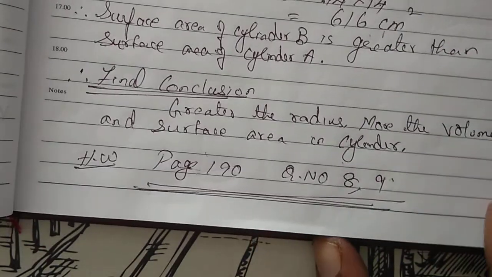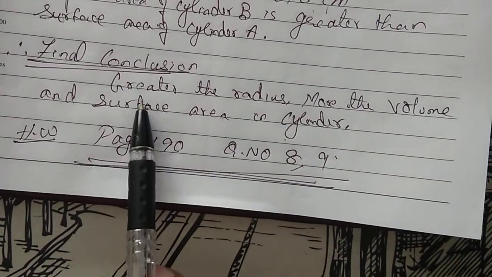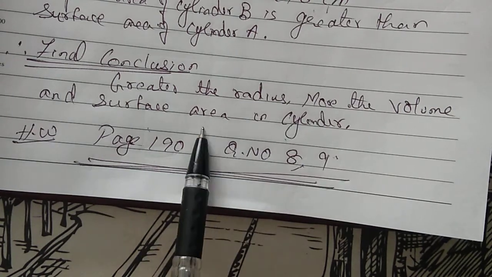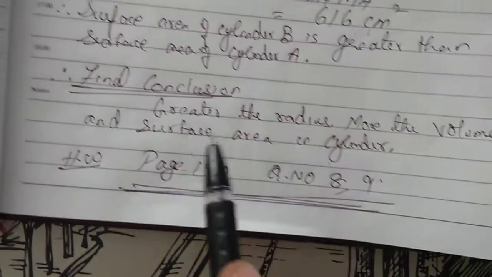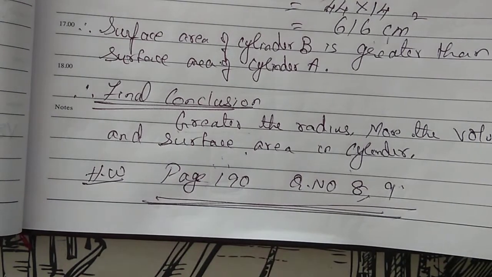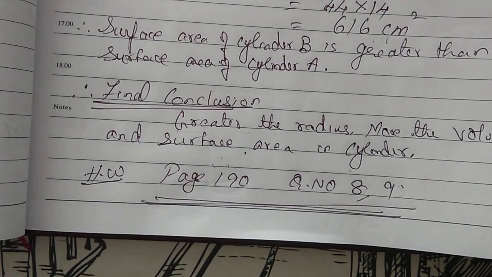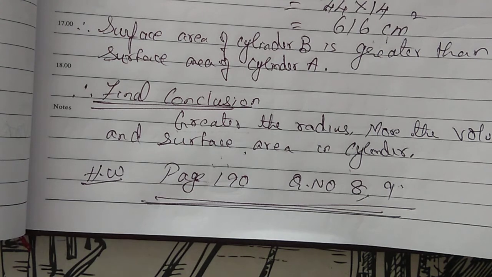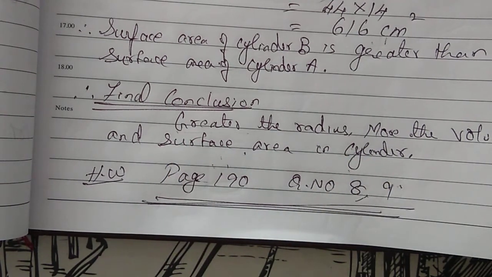We have done 2 problems, and finally concluded in the second situation problem: greater the radius, more the volume and surface area of the cylinder. Why we insist on this is that it comes under your MCQs or 1 mark questions. So they will ask you in a multiple choice question whether the cylinder which has more radius has less volume or more volume, and you should be able to do the sum.